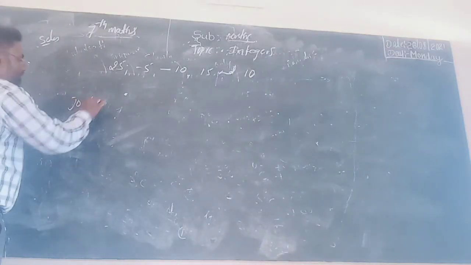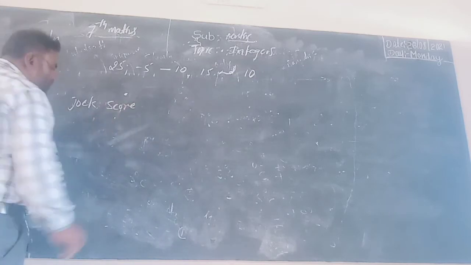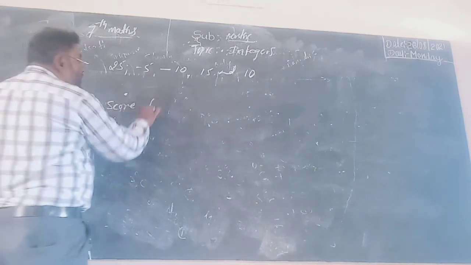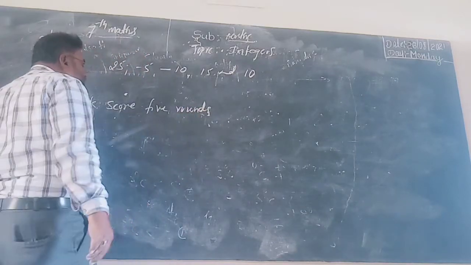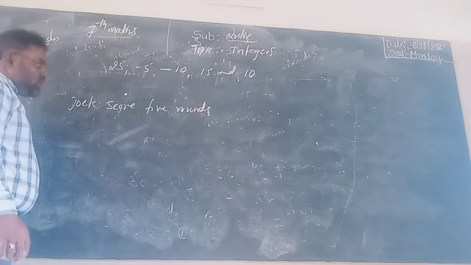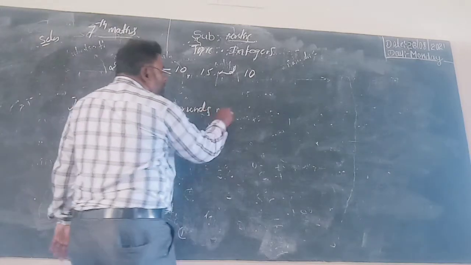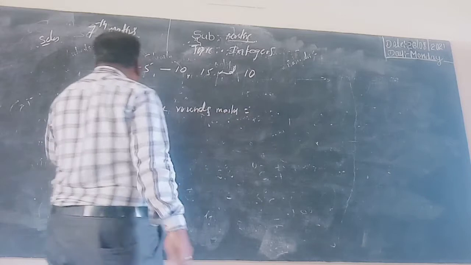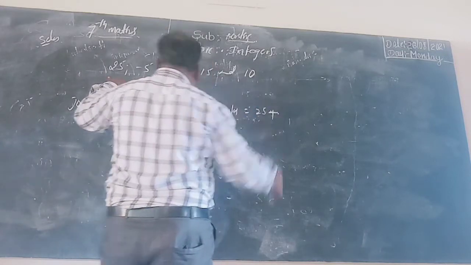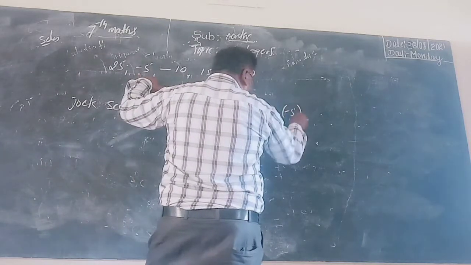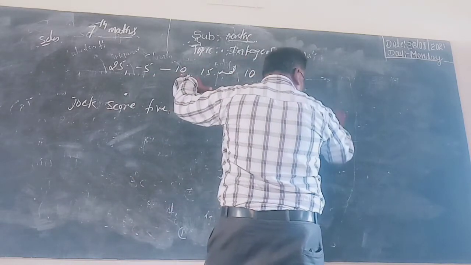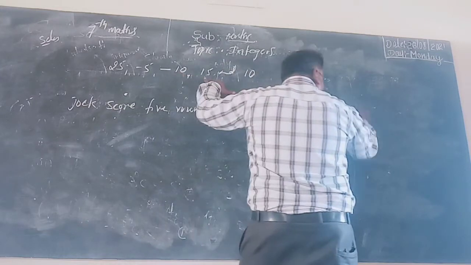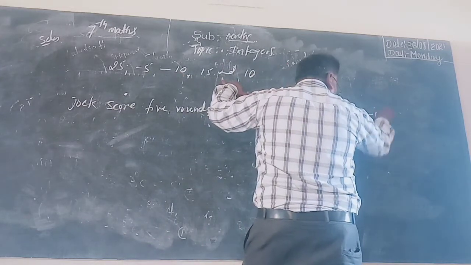Jack's score in 5 rounds is equal to 25 plus minus 5 plus minus 10 plus 15 plus 10.